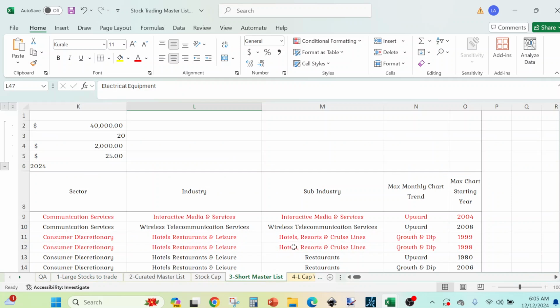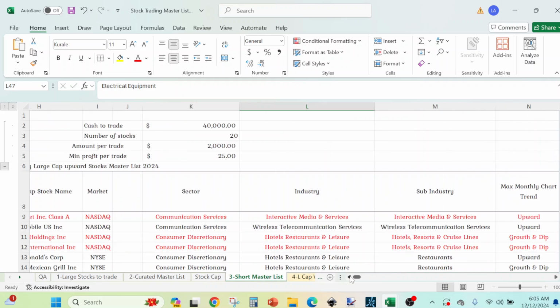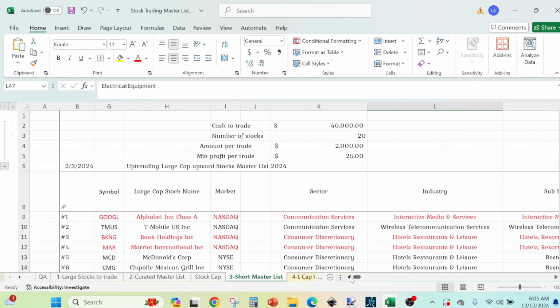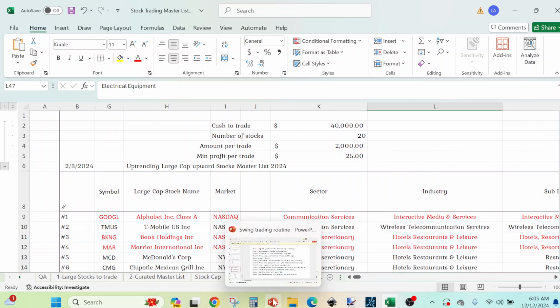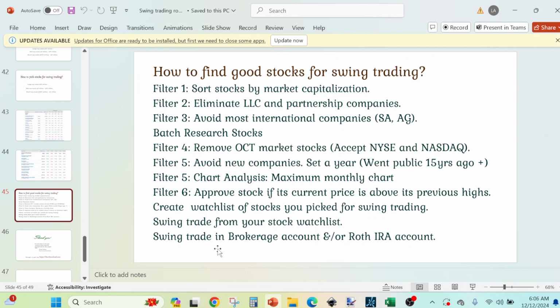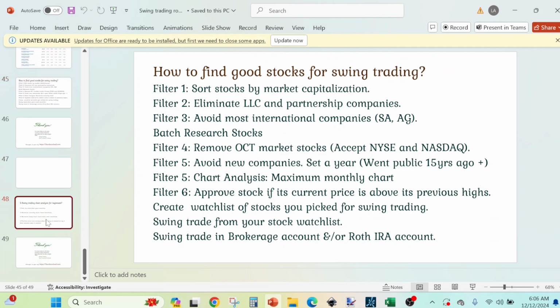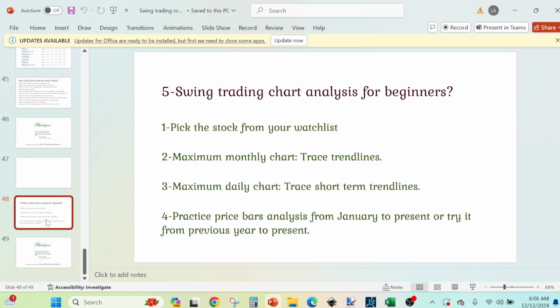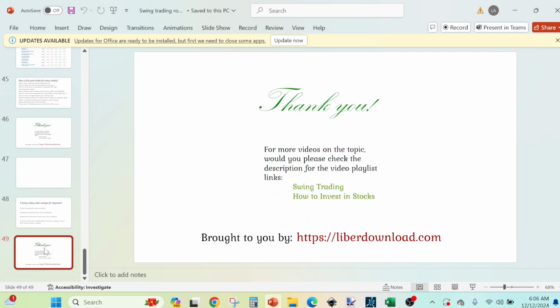And I've been creating videos of those to just share the process, how we pick those stocks and how we put them through some filters to see if they are well suited for us to trade, to add them to our stock watch list and swing trade them.